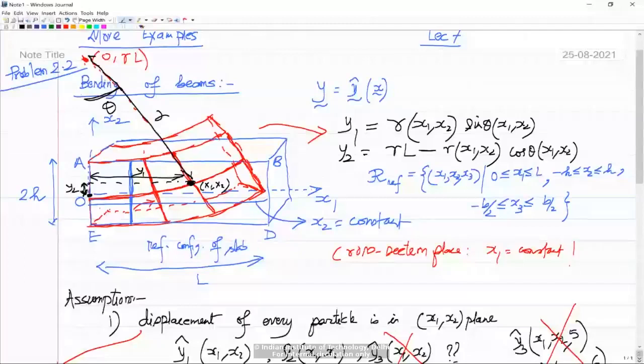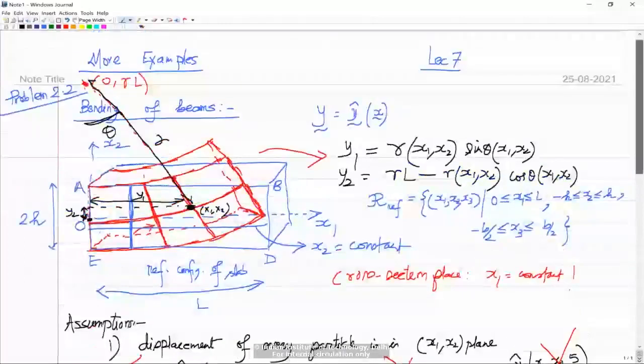Now what can you say about this radius and theta? Somebody is saying pure bending we have already studied, and that looks real simple. Why are we making it a little complex? When you did pure bending, did you find out this formula y1, y2, and y3? I don't think you found the formulas. You simply said that take a point at some distance y from the neutral axis, and because it's bending into a circle, you did all such things, but you never found this formula.